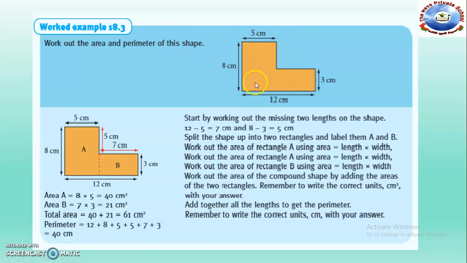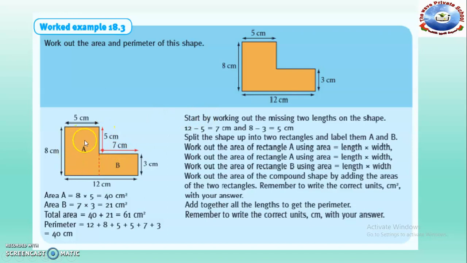As you can see here, a compound shape is given where this side length and this side length are not given. So first of all, in the first step, we will divide it into squares or rectangles. We will divide this shape into 2 parts.